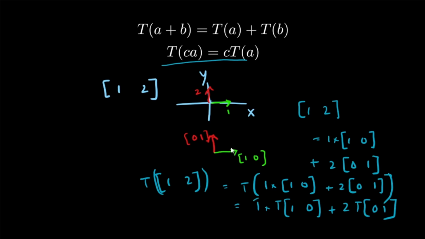Now this is very important. What this is saying is that you can figure out where any vector lands after transformation by simply figuring out where the basis vectors, or the unit vectors in each direction, land after transformation.